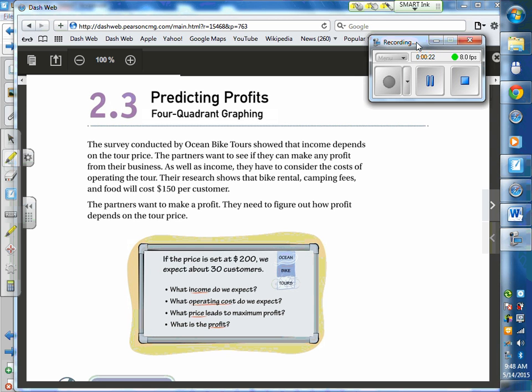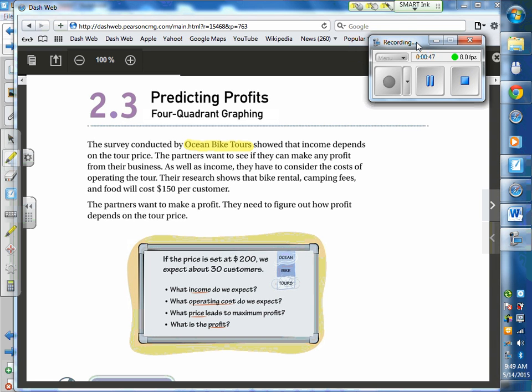As you hopefully remember, the last couple days we've been talking about the Ocean Bike Tour Company, and they are putting together this business, and so today we're trying to figure out their profit. The survey conducted by Ocean Bike Tours showed that income depends on the tour price. The partners want to see if they can make any profits from their business.